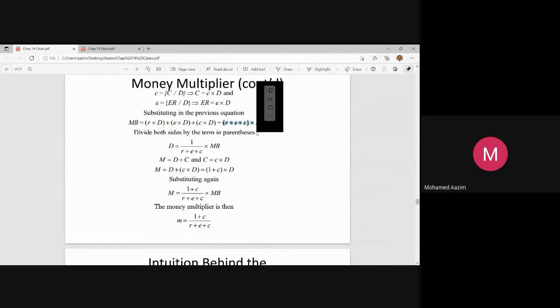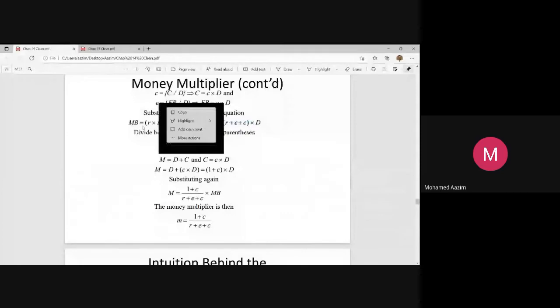So what is left here is only D. If you divide the monetary base by small r, small e, and small c, 1 over that will remain. So you are rewriting the entire equation as this: 1 over small r plus small e plus small c times the monetary base would tell you the deposits of the economy at a given point of time.